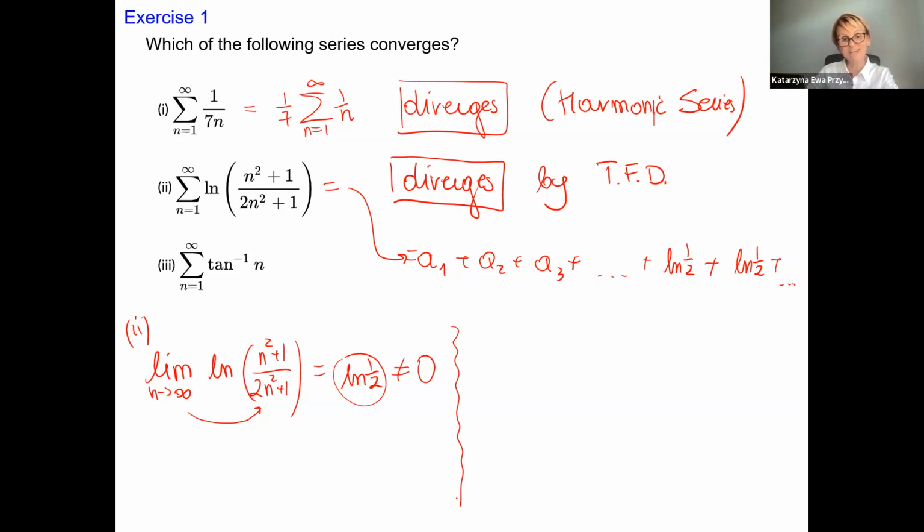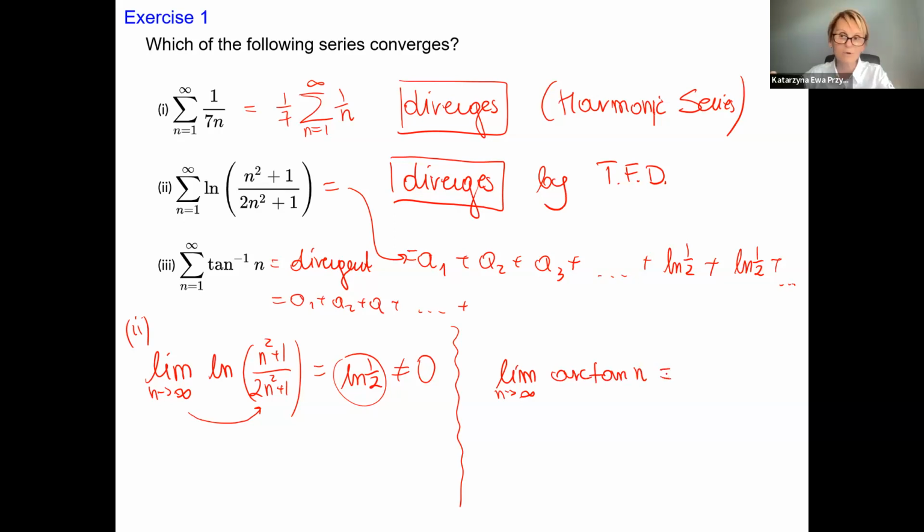Inverse tangent, how does it behave? Arctangent, it's also divergent. Because of how the terms behave, we will have the first term, the second term, inverse tangent of 1, inverse tangent of 2, inverse tangent of 3, and then eventually, how does inverse tangent behave at infinity?